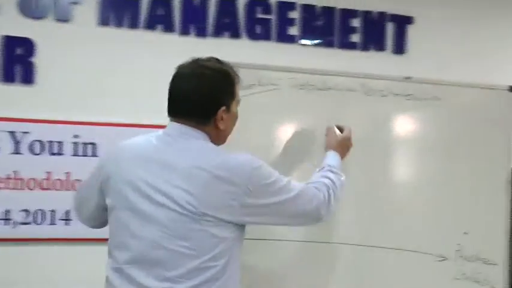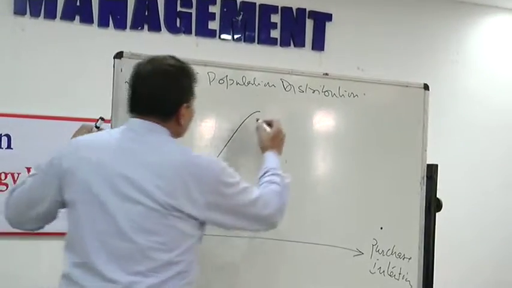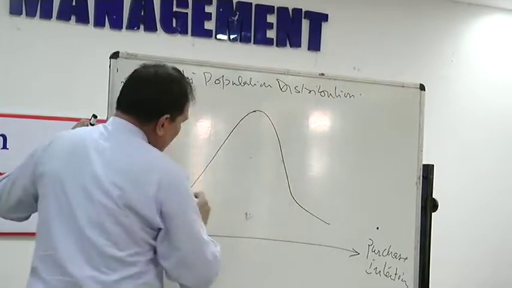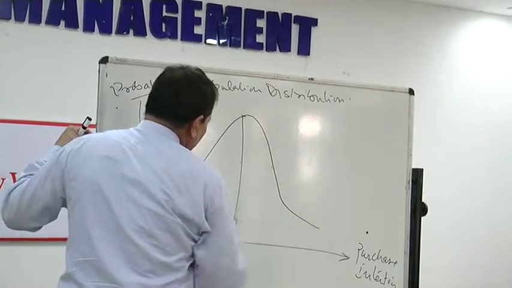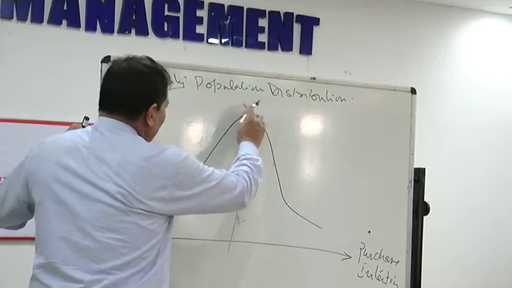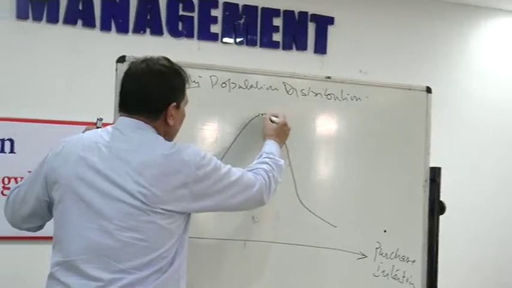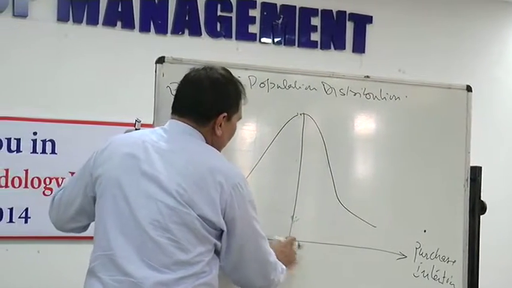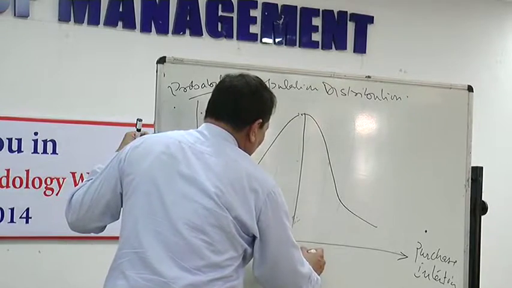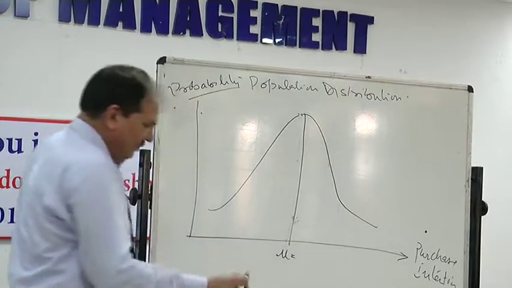So generally you would find that the population distribution would be, this looks a little skewed, but then it will be balanced. And this mu is equal to the mean.